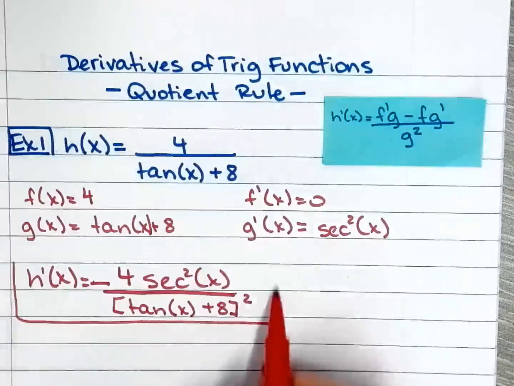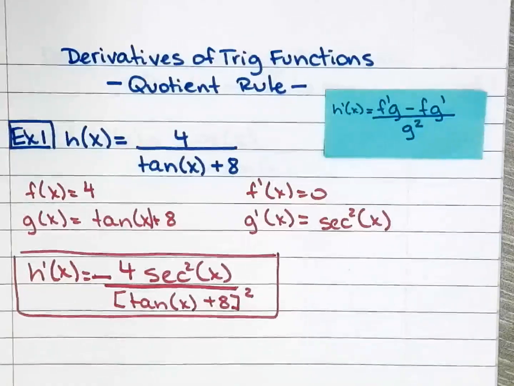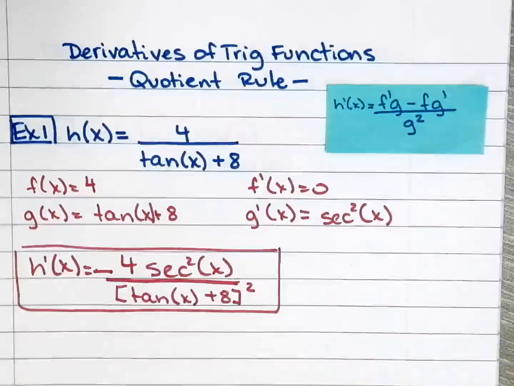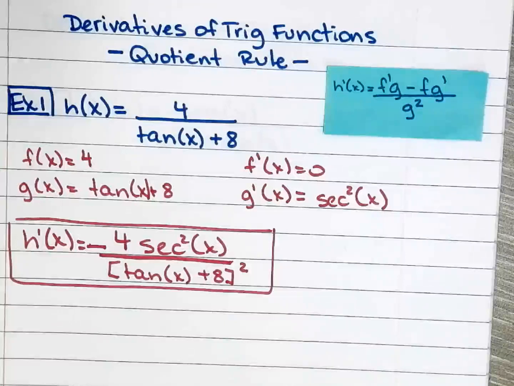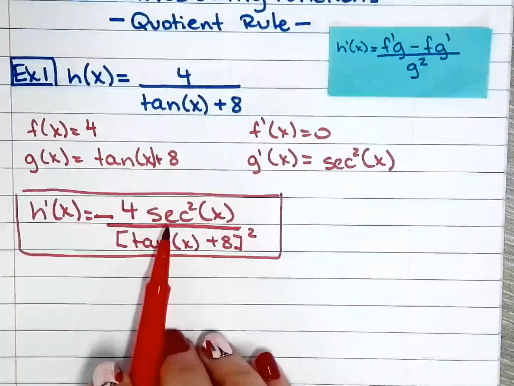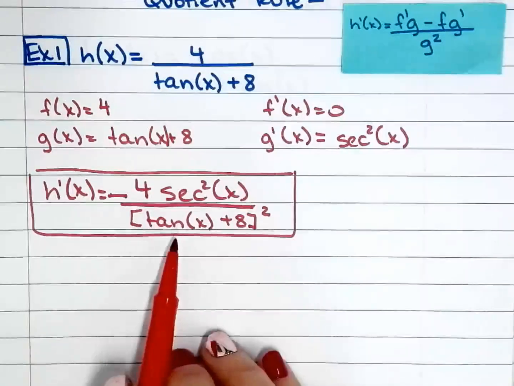Now mathematically this is correct, but I'm going to show you how far you need to go to simplify your answer to get full credit for this one. Okay, so we're going to keep going. I know secant is 1 over cosine.